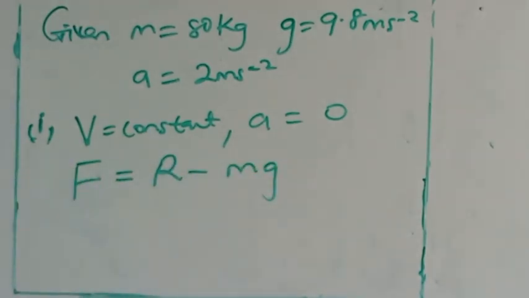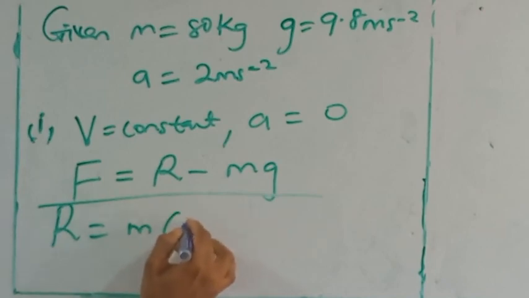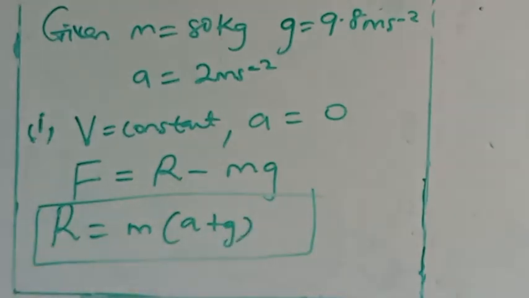Hope you remember, R first followed by mg. And this gave us the formula that the reaction force we are looking for, that we were able to derive, is m into a plus g.